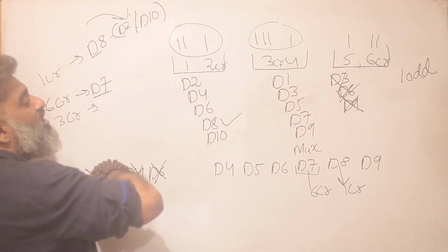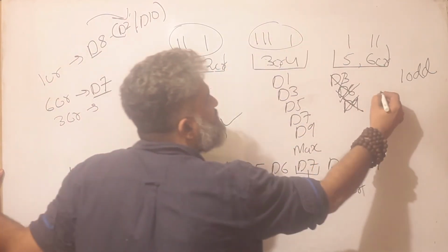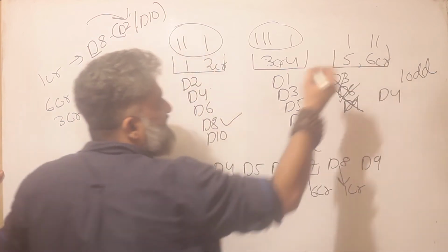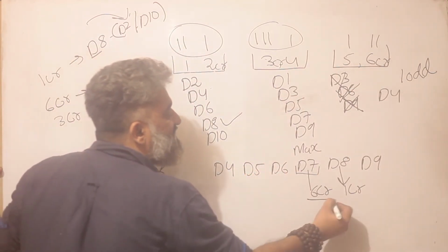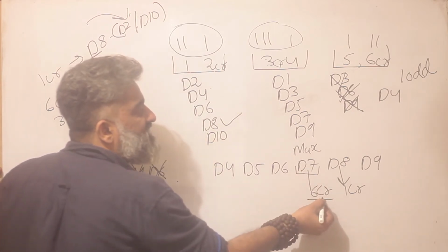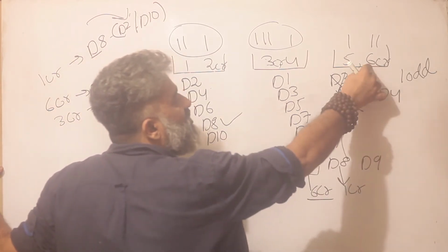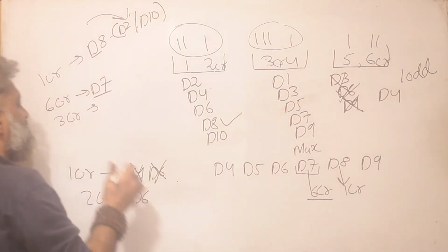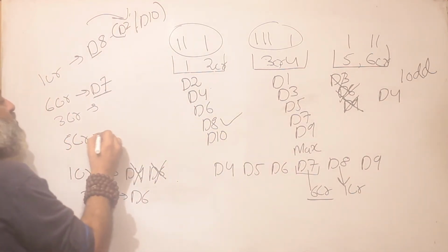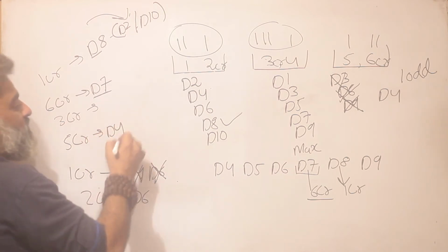That also now tells me that D4 is going to be in the most expensive category. Even here, I've been told that the maximum goes to DOM 7, which is 6 crore. So D4 cannot be 6 crore, D4 has to be the 5 crore DOM. So capture that as well. 5 crore DOM has gone to D4.